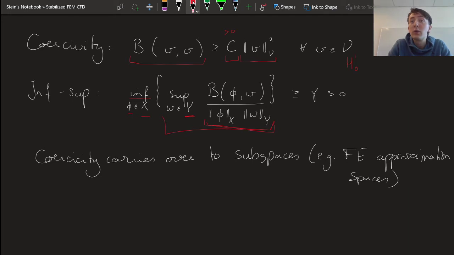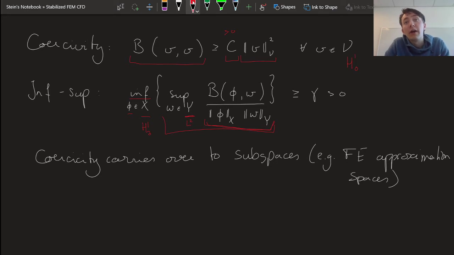Now, for the original problem statement of the pure advection, we had x was H1 with that funny boundary condition only on the inflow side, and y was chosen to be L2. So then indeed we could always choose w to be the gradient, or the first derivative in the one-dimensional case, the first derivative of a function phi, by definition of the space H1.